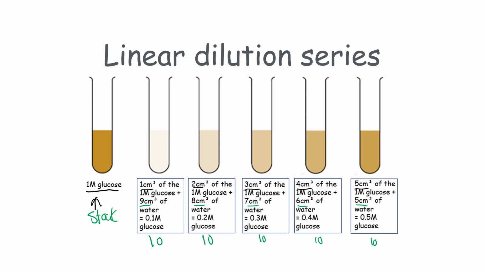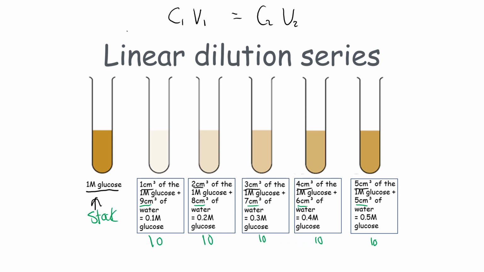Now there is an equation for what we can do to work out the volume of stock solution needed in order to produce a solution of a particular concentration. Now the equation we're going to use is C1 V1 equals C2 V2.